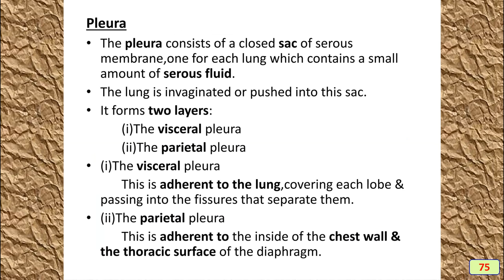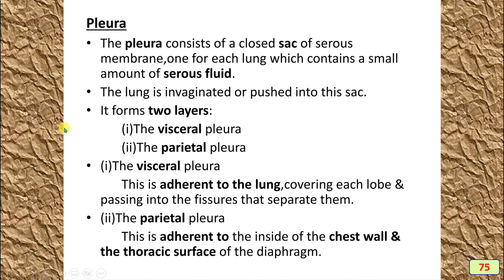Pleura consists of a closed sac of serous membrane, one for each lung, which contains a small amount of serous fluid. Then the lung is invaginated or pushed into the sac, and these form two layers: one is the parietal layer, and another one is the visceral pleura.